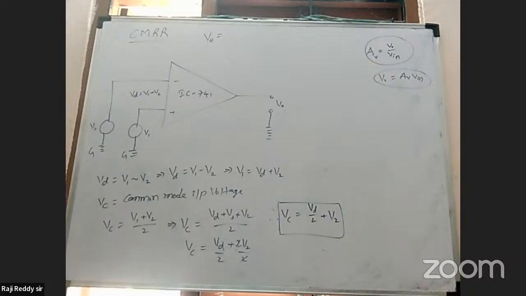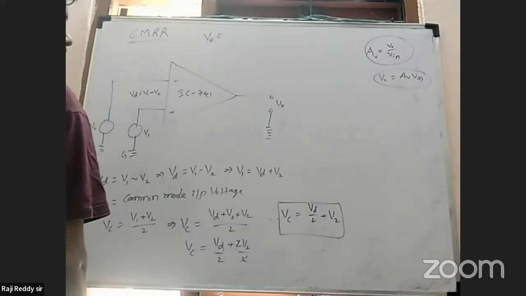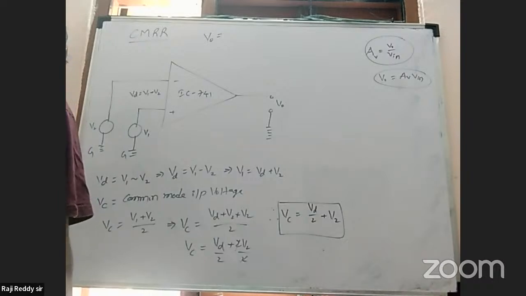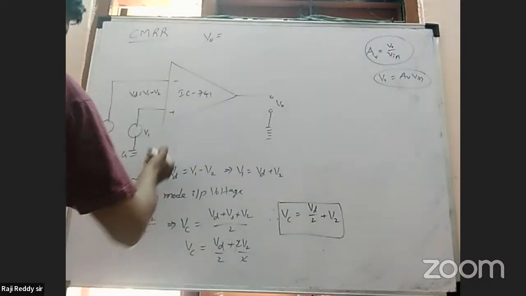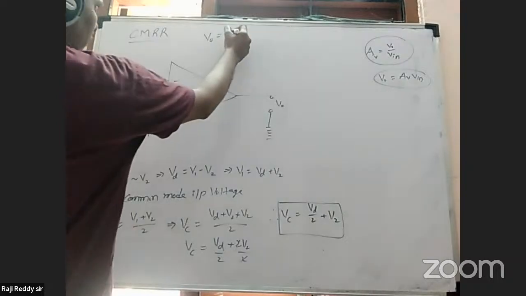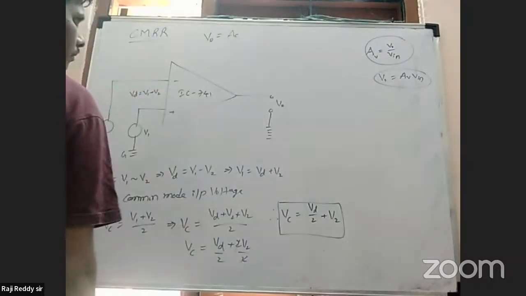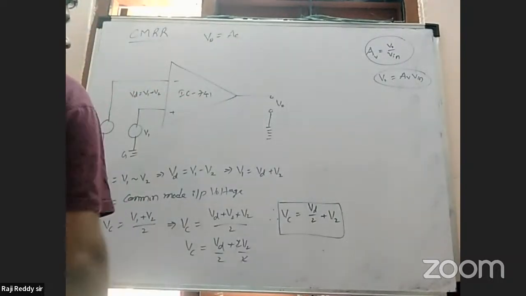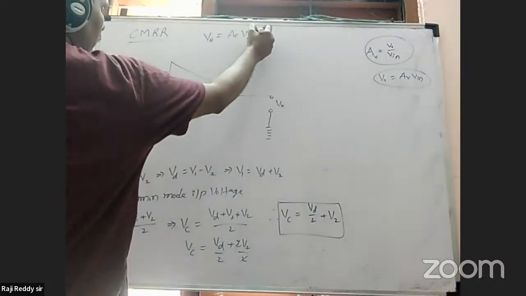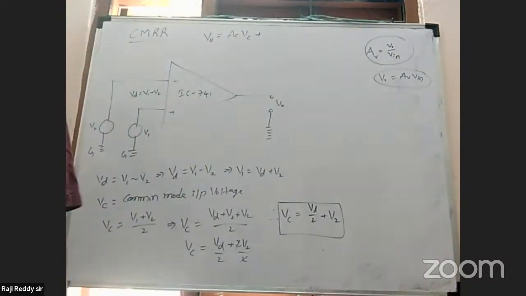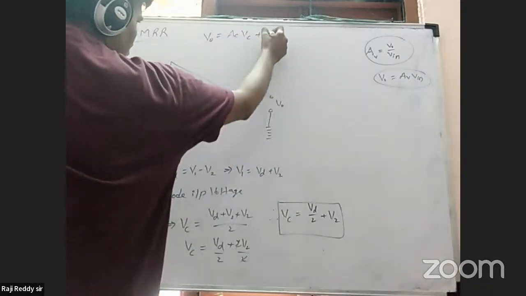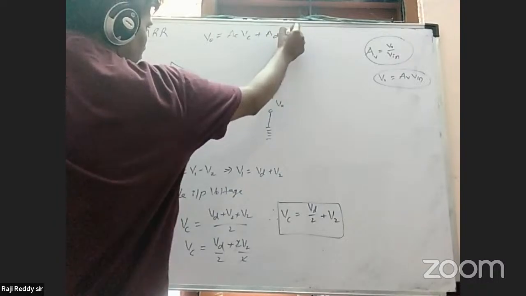Then it can be written as V naught is equal to the voltage gain across the common mode, that is AC, times the voltage VC. Next, across the difference values, AD, VD.